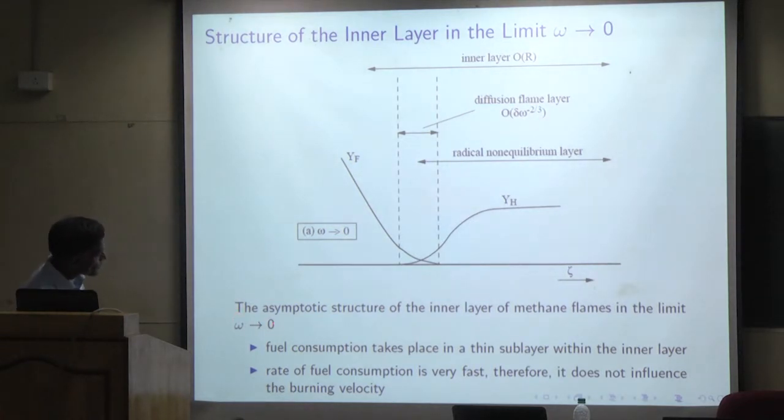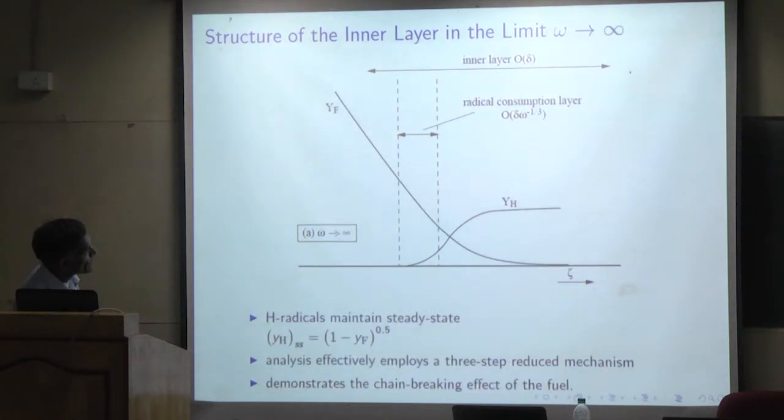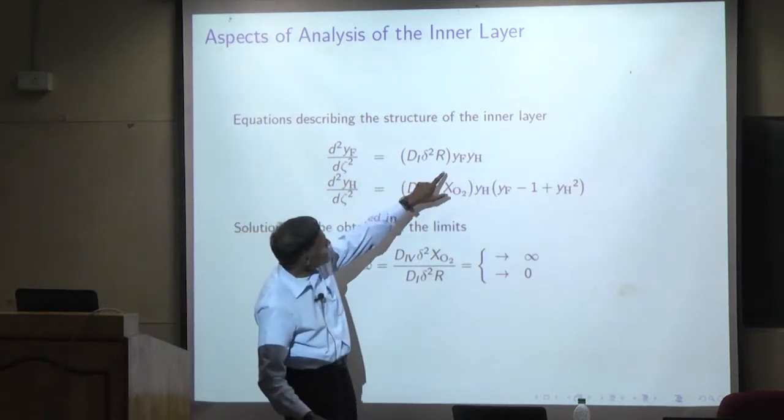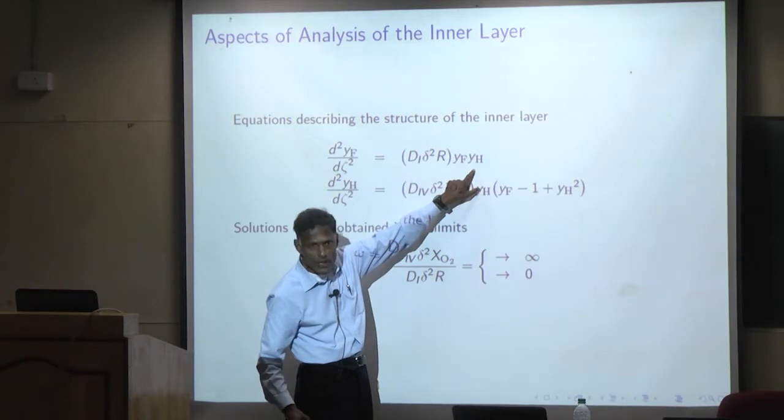In the limit of omega tending to 0, there's another asymptotic, a different structure. If you look at the case omega tending to 0, here it means that this is large. When omega is 0, this is large. When this is large, that means Y_F times Y_H must be 0.